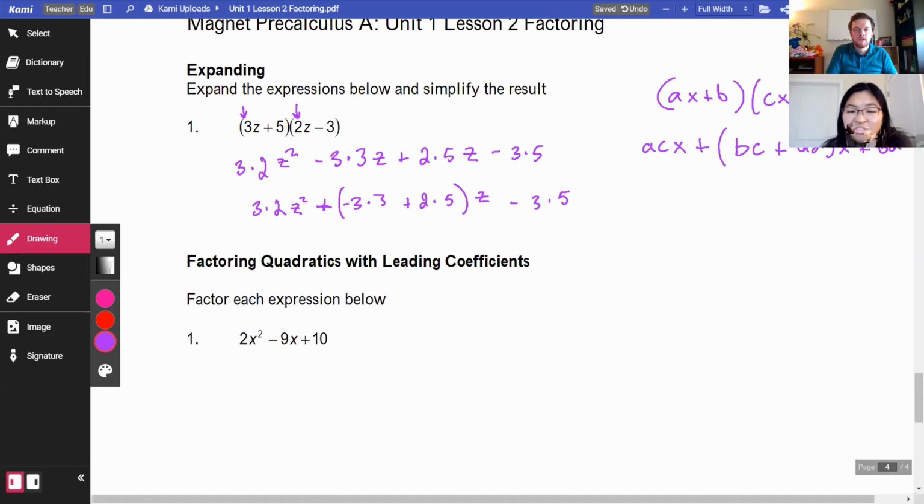Cool. So this is just going to help me justify what's happening over here. Now, in the previous example, we were looking for two numbers that multiply to the final term and add to the middle term.